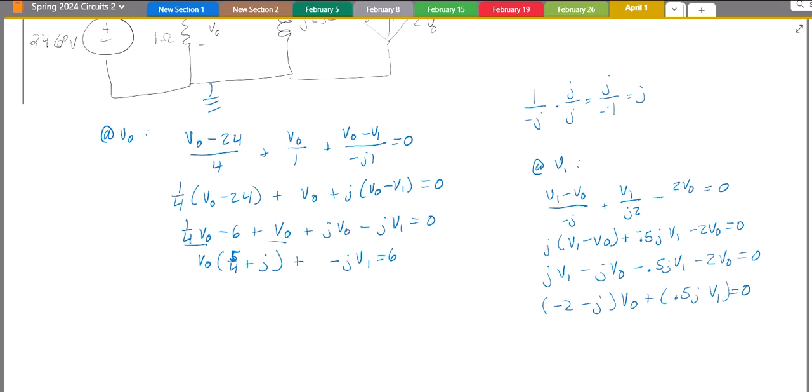I'm going to multiply through by, well, so that you'll see why I'm doing this. 0.5 JV1 equals 2 plus J V0, so I just brought that to the other side. Multiply through by 2, 2 times 0.5 is 1, so JV1 equals 4 plus 2J V0.